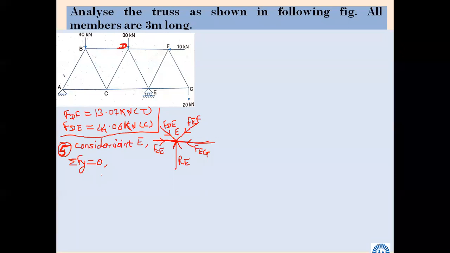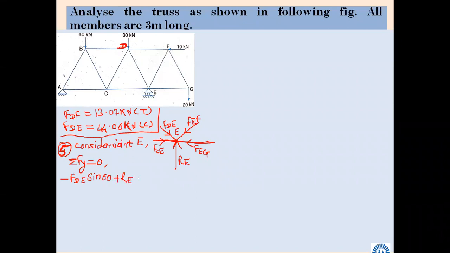So now tell me the Y component of FDE force. Minus FDE sin 60. Okay, correct. What about RE? It will be plus.